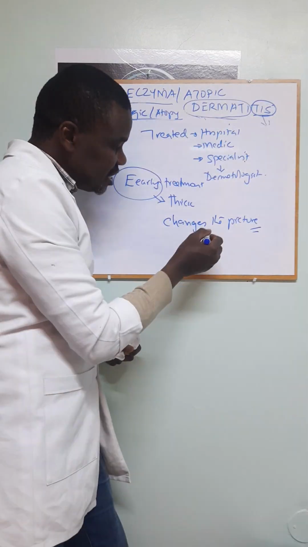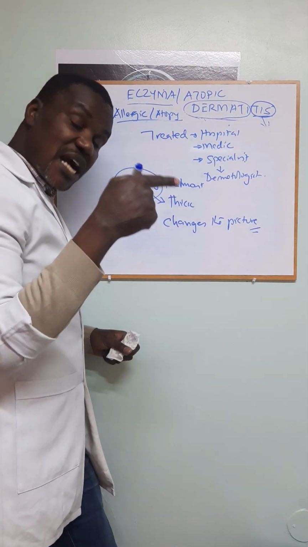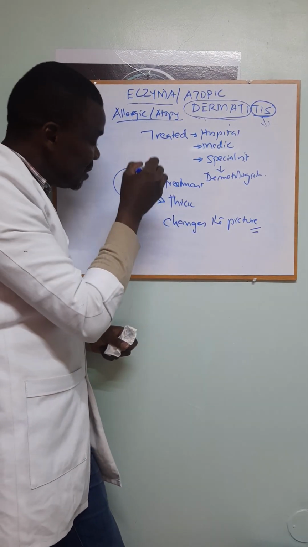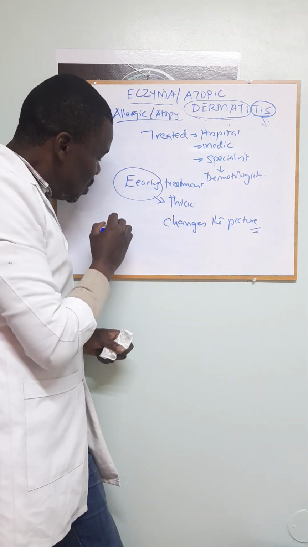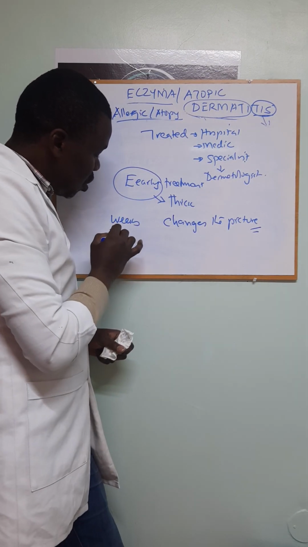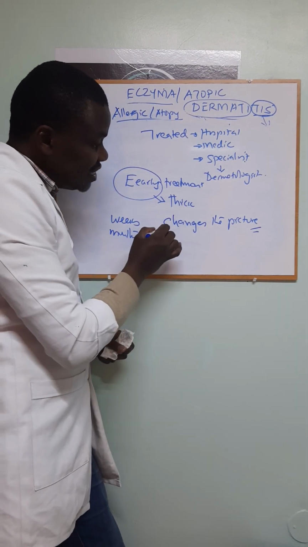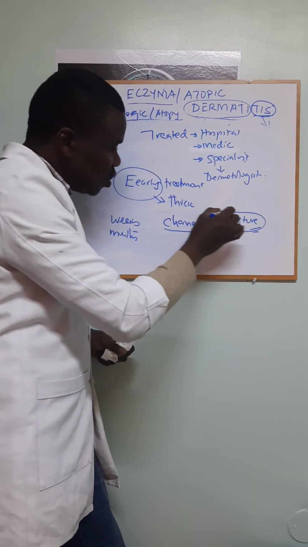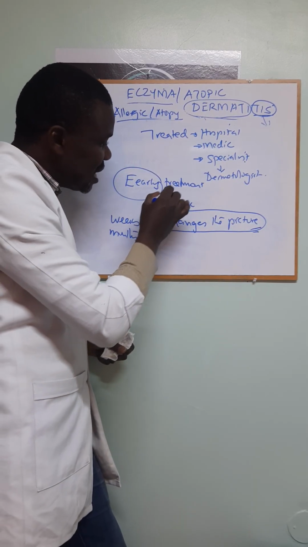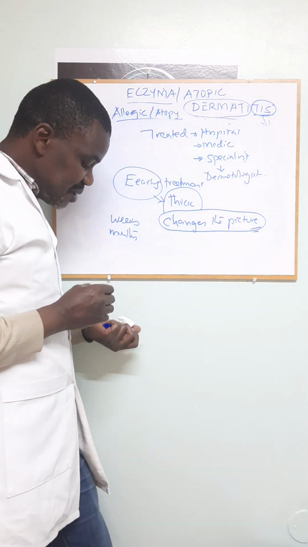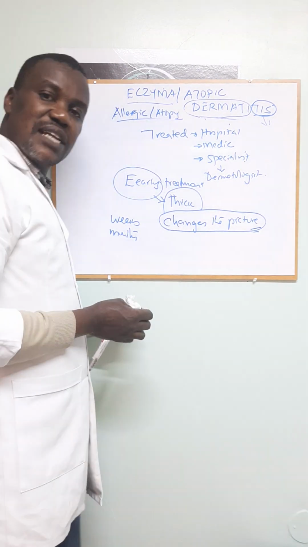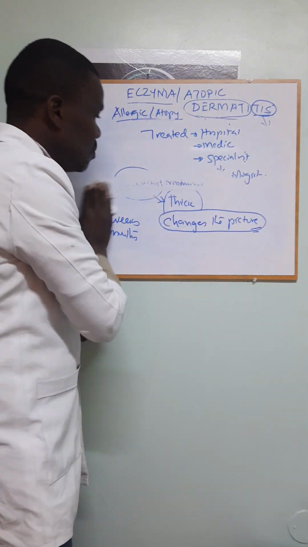So it becomes very hard to restore that skin back to how it was. So start treatment early, while the child is still weeks or months old, to prevent these changes in the skin. Because once the skin becomes thick and rubbery, it is so hard to restore it to how it was supposed to be.